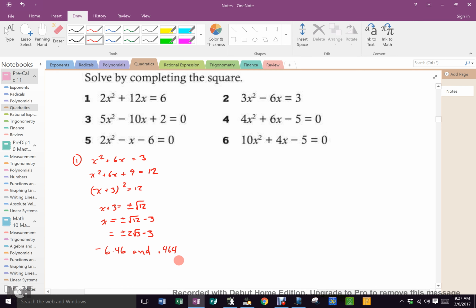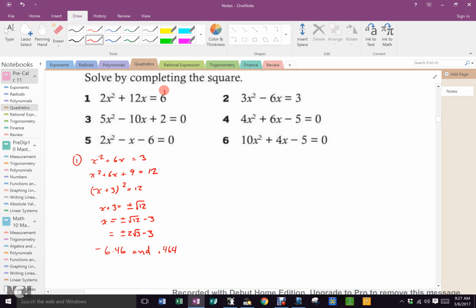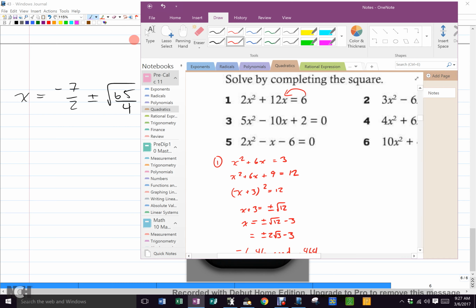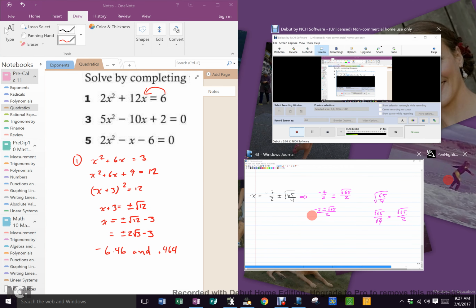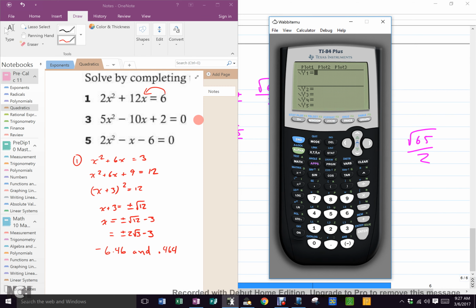Now, if I want to graph it, I go back to my calculator, I go to y equals, and I have to punch this in this form. So what's screwed up? This has to come over. This has to come over.